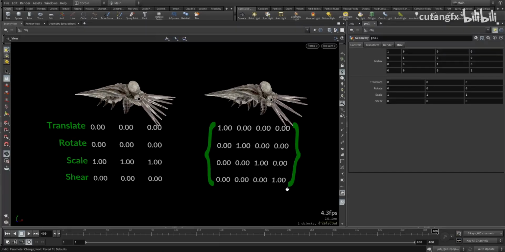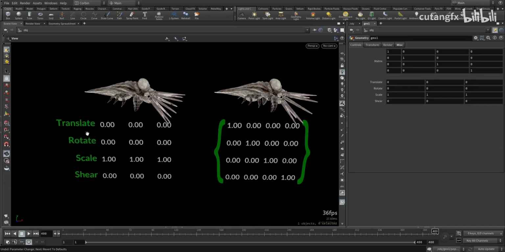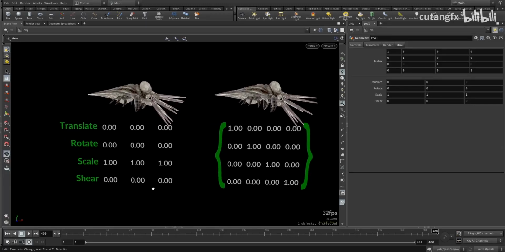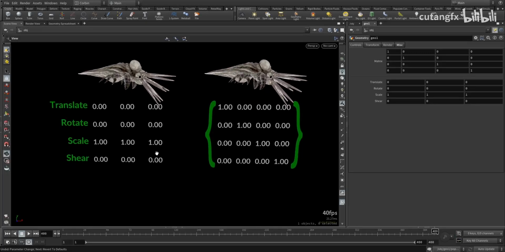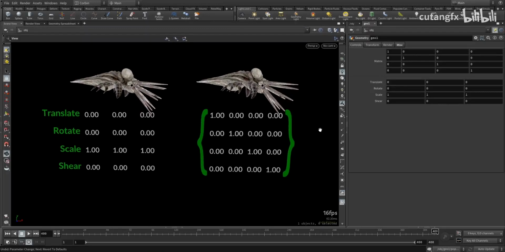But it's ultimately 16 numbers that store all of this information for us in a very interesting way. And when we start looking at the functions that we can do with matrices, you'll understand what it enables us to do. Also, don't forget that it's not only storing all 4 of these, but it's also storing the pivot location, the rotation of the pivot, and the uniform scale, all embedded in one grid of 4x4 numbers, so 16 numbers.